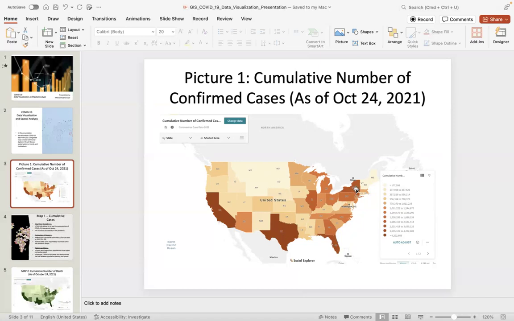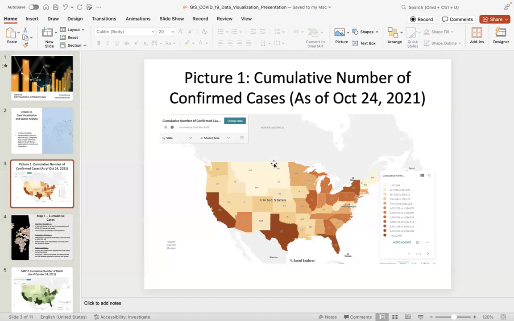Then we can see New York and Illinois, and then Ohio, Pennsylvania, and Michigan that have a medium kind of dark pattern, which indicates those states also got hit by COVID, and those numbers are also higher.